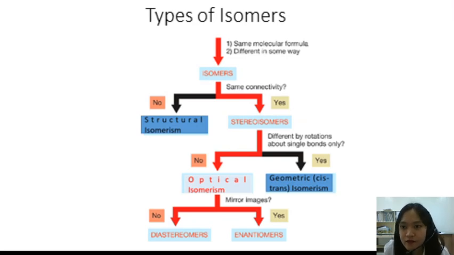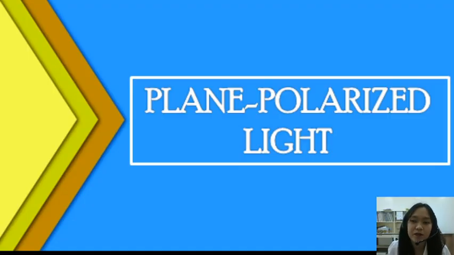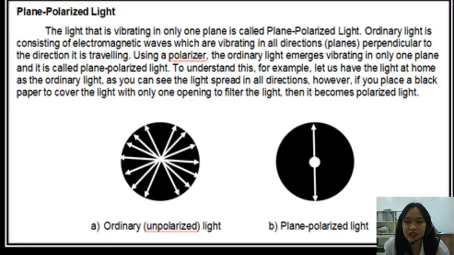Okay. Mamaya na yung diagram mo. Okay, punta na tayo sa plane polarized light. So ano ba yung plane polarized light? Kasi nabanggit kanina. Okay, so your plane polarized light is the light that is vibrating in only one plane and is called plane polarized light. So isa siyang light, your plane polarized light is not a normal light. Bakit?